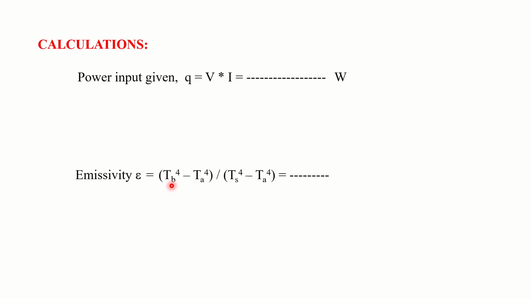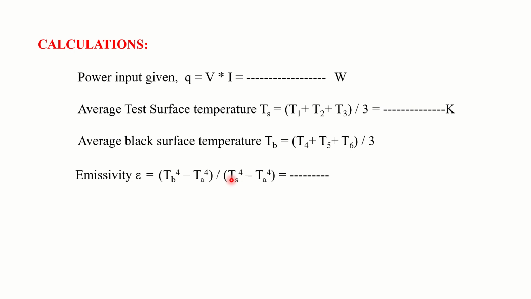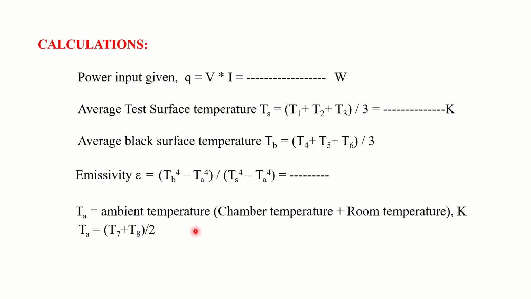So what is TB? So TB is the average surface temperature of black surface, which can be calculated by taking the average between T4 and T6. Then TS is the average surface temperature of non-black surface, which can be calculated by taking average between T1 and T3. And TA is the ambient temperature.